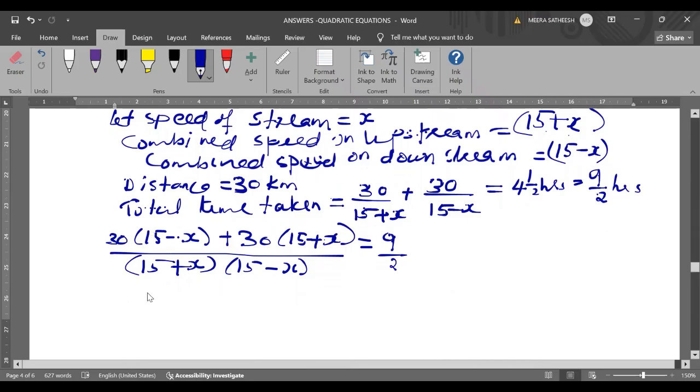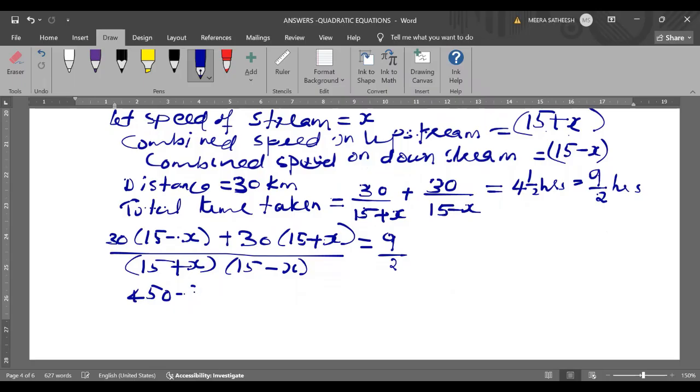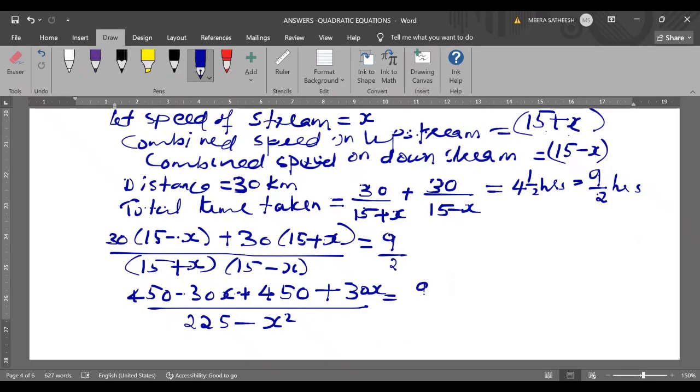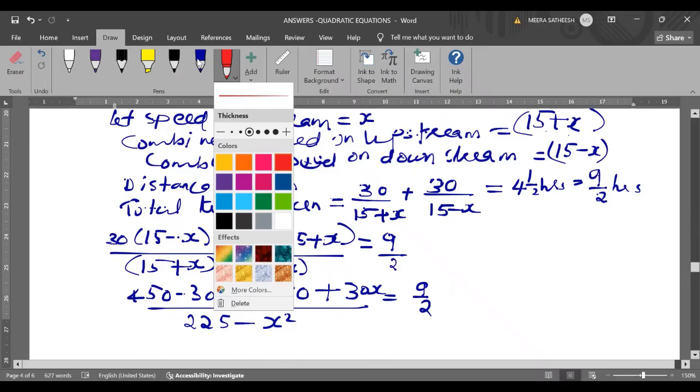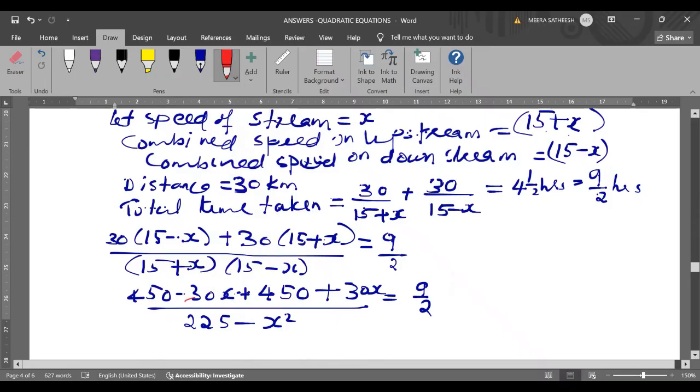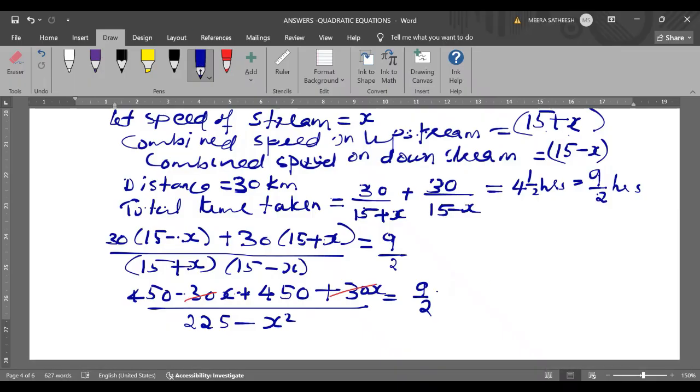So 30 into 15, 450, minus 30x, plus 30 into 15, again 450 plus 30x, divided by, here a plus b into a minus b is a square minus b square, no. So 15 square, 225, minus x square equals 9 by 2. Anything to cancel? Yes, minus 30x and plus 30x cancel. So what will we get here? 450 plus 450, 900, divided by 225 minus x square, equal to 9 by 2.